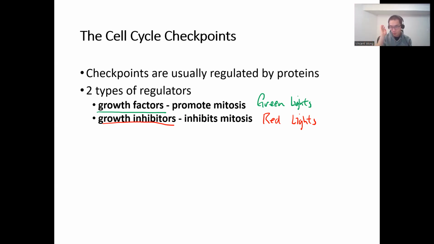Growth inhibitor, don't divide. So we need a balance between the two. You can't just let every cell go divide, right? That's going to take up too much resources. It might even turn cancerous. We can't just stop all the divisions. Then we won't grow and we won't heal. Terrible thing, right? Need the right balance.